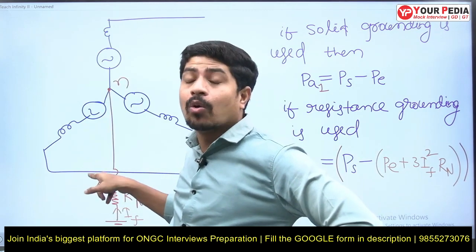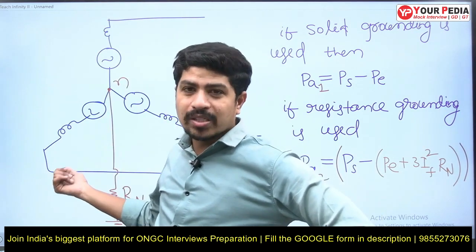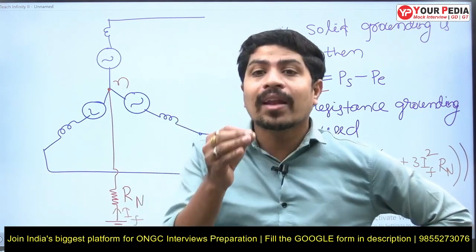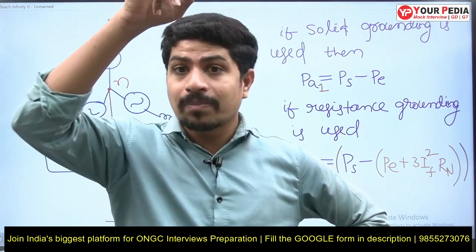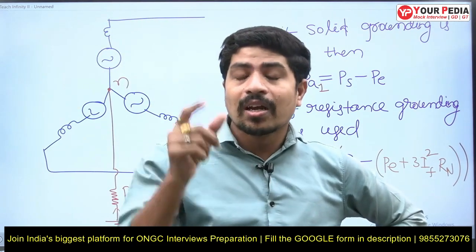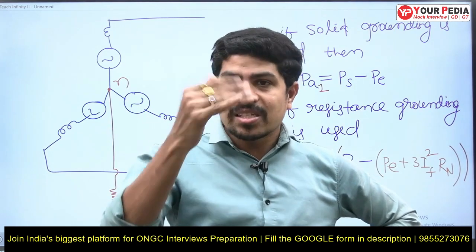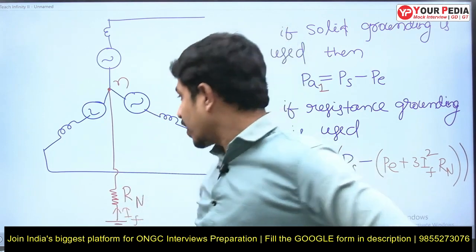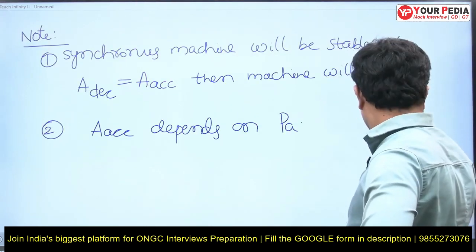Whenever load got decreased due to fault, this resistance is behaving like a load, though it is not giving any useful power. Acceleration power is decreasing. If acceleration decreases, that much deceleration area the system is able to find. Means if acceleration is less, deceleration is also less. Never does it cross.